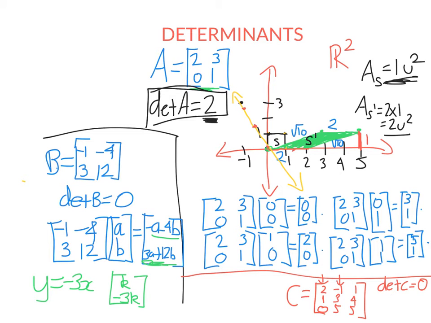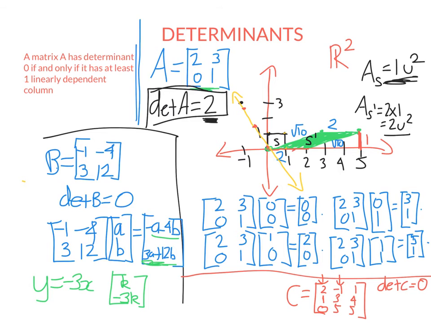So that means the volume would be multiplied by 0, because any 2-dimensional shape has 0 volume. So that's why whenever we have a matrix that has one or more linearly dependent columns, it must have determinant of 0.